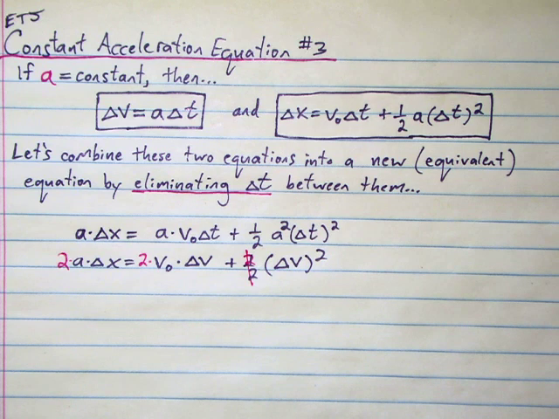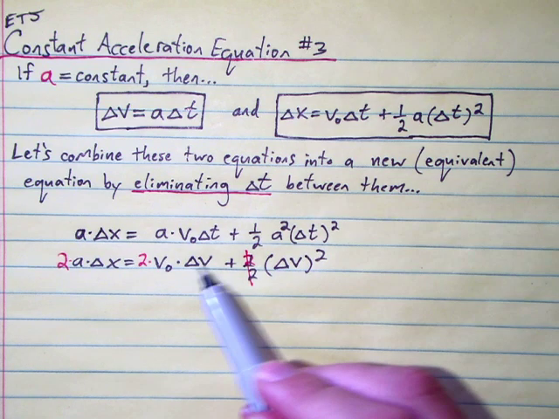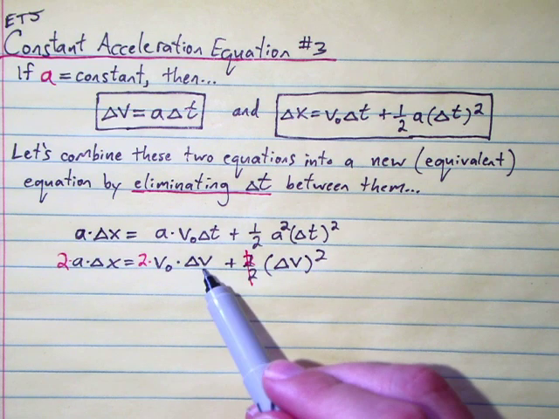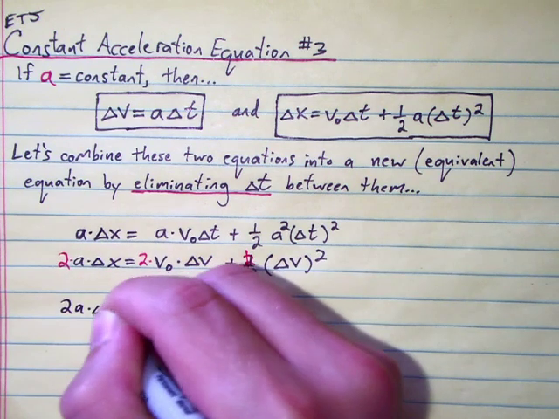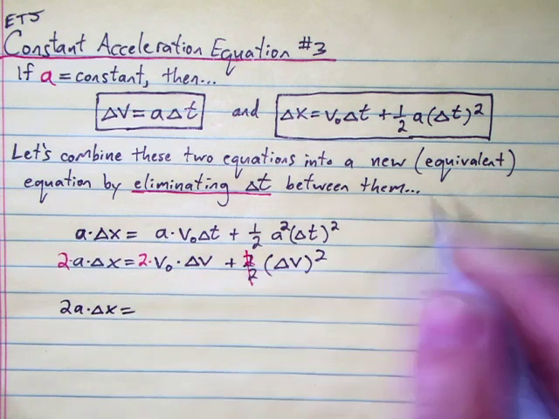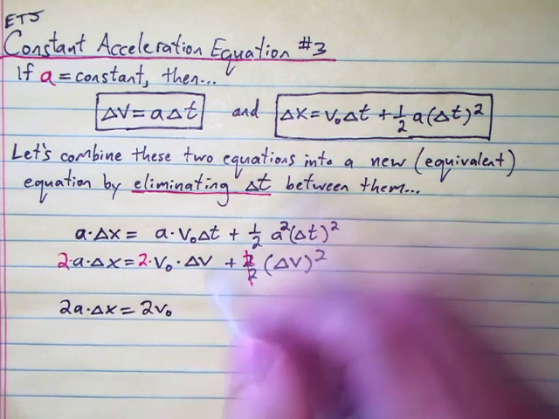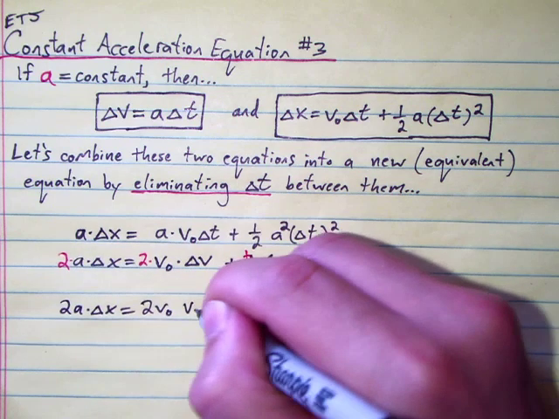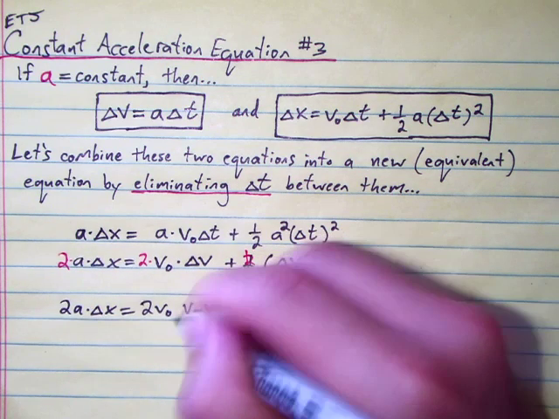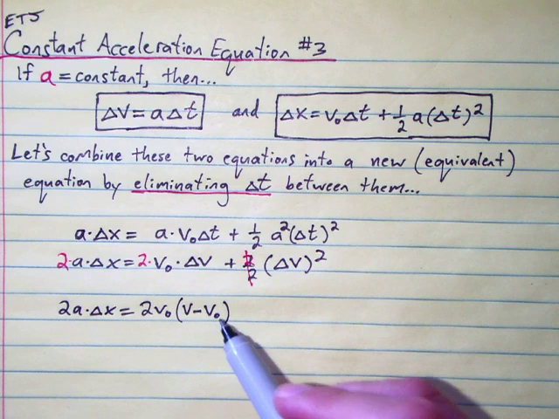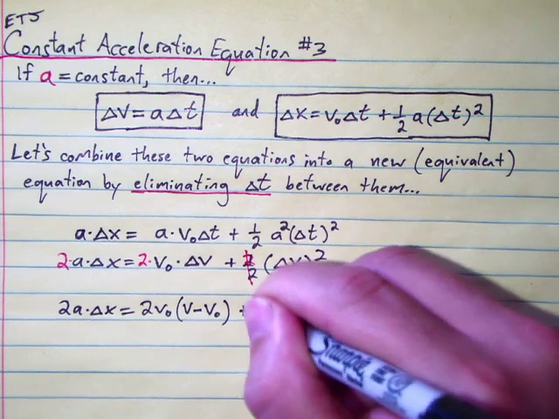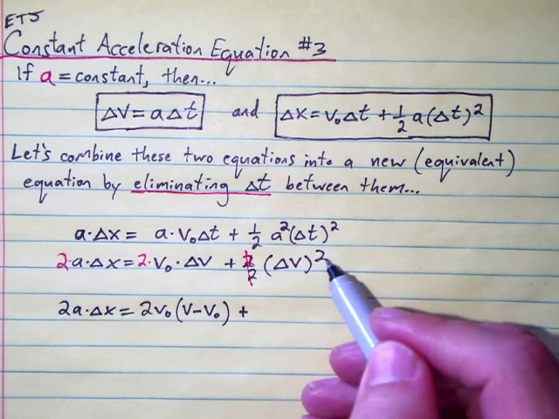In the next step, I'm going to examine this delta v, and expand it out to be written as v final minus v initial. So left-hand side is 2a delta x, right-hand side is 2v naught times delta v, that's v final minus v initial. I'm just going to use the letter v for v final and v naught for v initial. Plus, and then this is delta v squared.